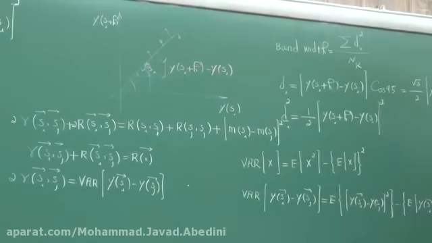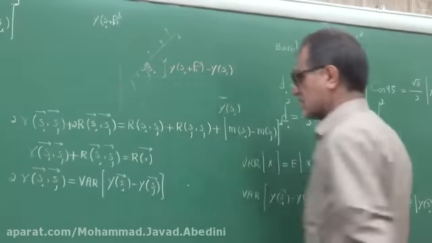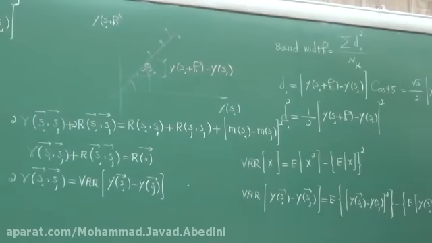If you want to tell your audience how it could be possible to have this relationship be the same as this relationship, you have to assume that this part is 0, which means that your mean has to be constant. Because the expected value of y at Si is m at Si, and the expected value of y at Sj is m at Sj. If m at Si is the same as m at Sj, this will cancel out. Then the definition of expectation is to replace this expectation with summation.